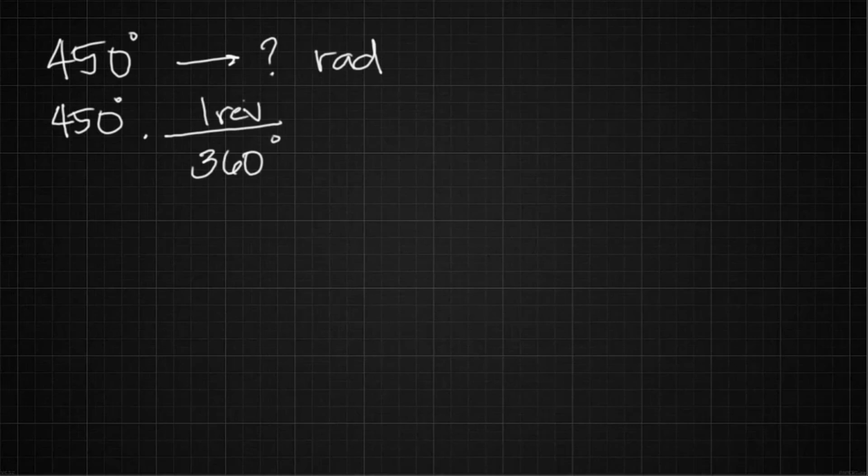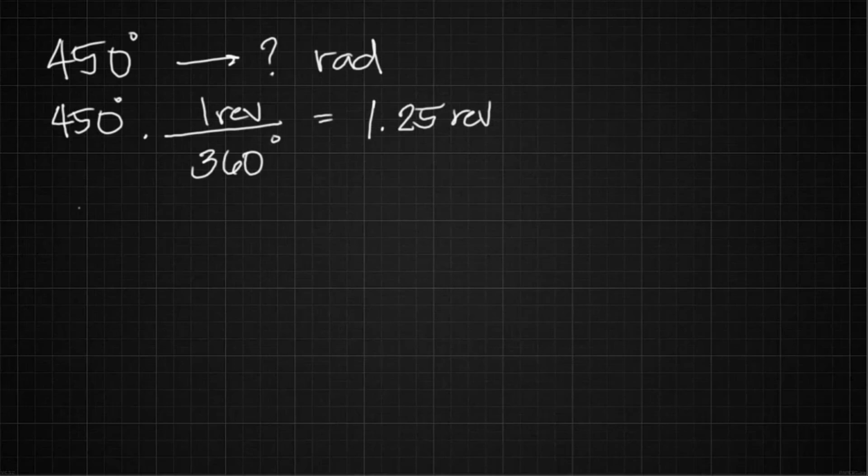The first thing that we should think of is converting it first to revolution, since it's the common unit between degrees and radians. Let's put the unit revolution on the numerator and the degrees on the denominator, so that we could cancel out the degree units, and we will be left with revolution as the unit of our answer.